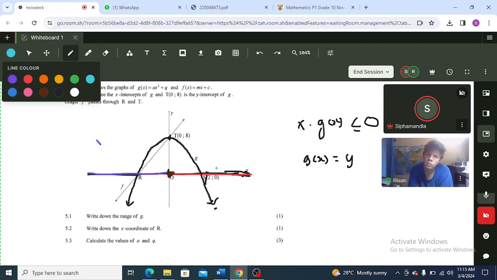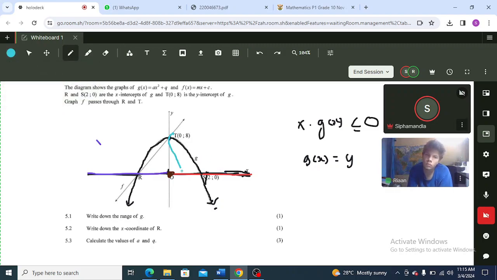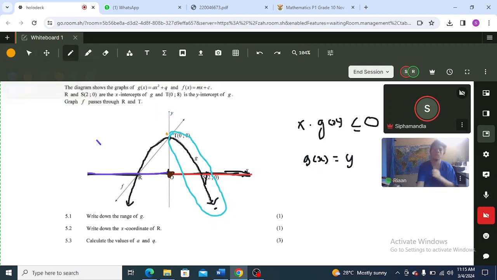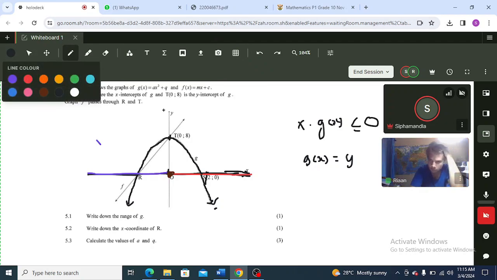This part of the function is on the positive x-axis, while this part of the function is on the negative x-axis. Okay? Do you understand that?